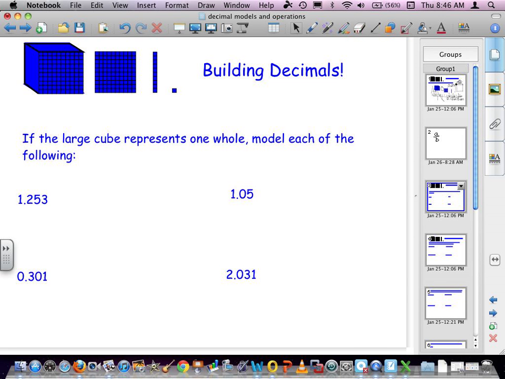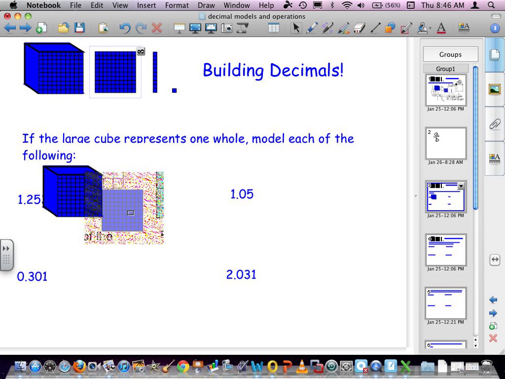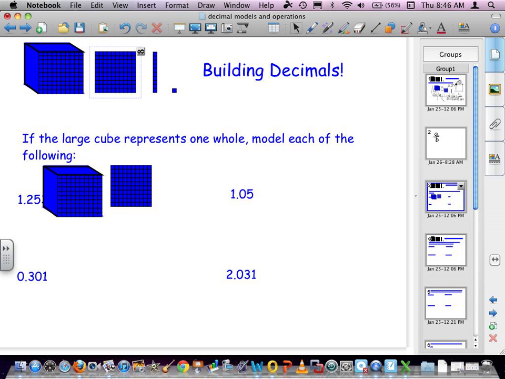What kinds of blocks do you need to model 1.253, or 1 and 253 thousandths? What did you use? How many of each? Okay, 2 flats. Oh yeah, 2 flats. 5 little rods.